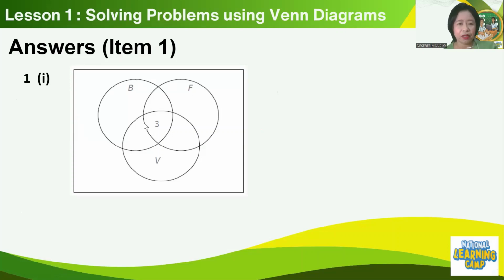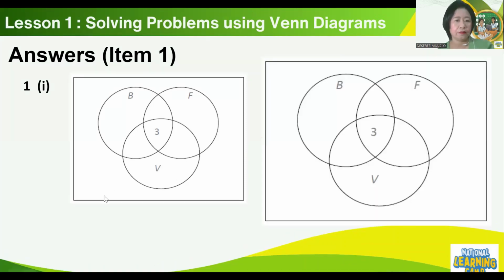So all 3 sports, therefore 3 is put in the center of the 3 circles, or the center of set B, set F, and set V. After we have the 1I, so the 3 is in the center. Let us now put all the elements inside of the 3 circles or the 3 sets.